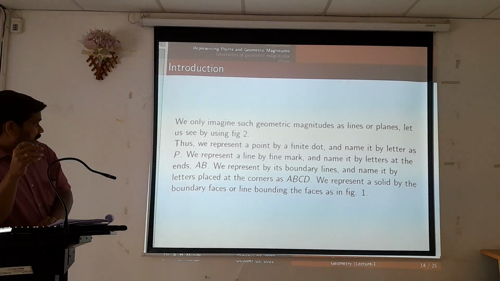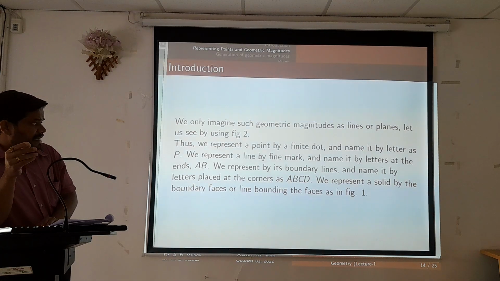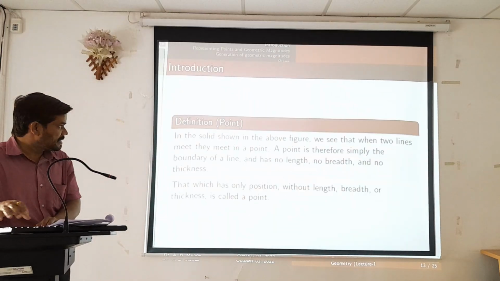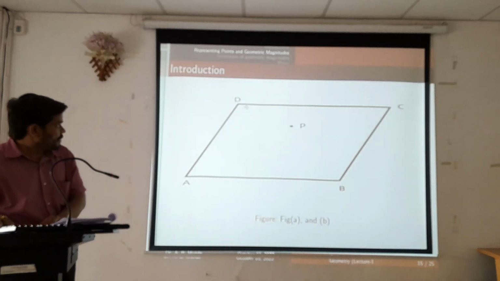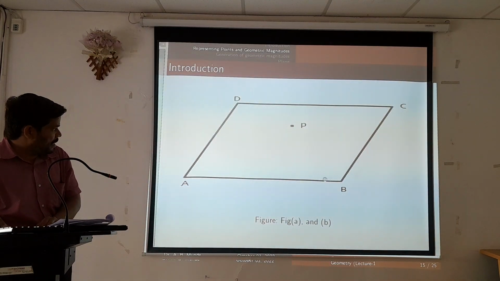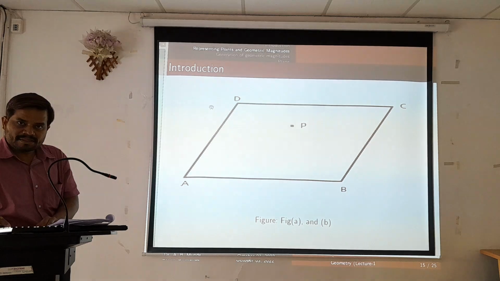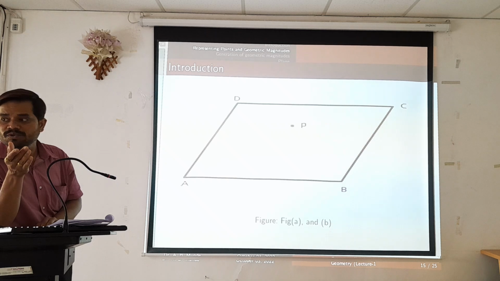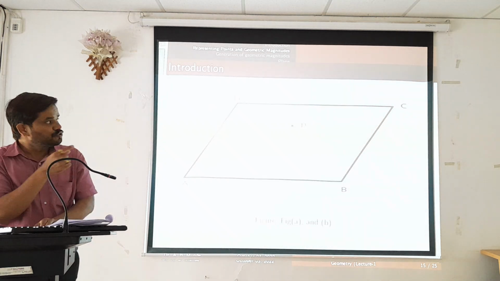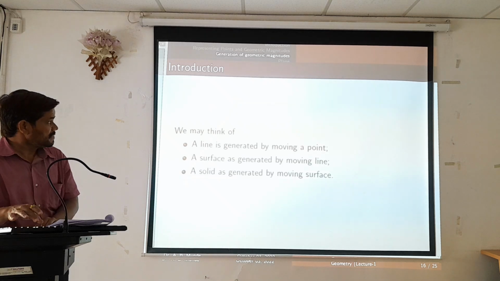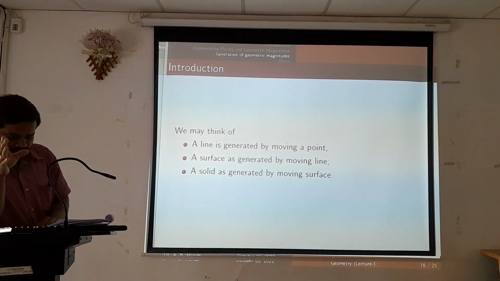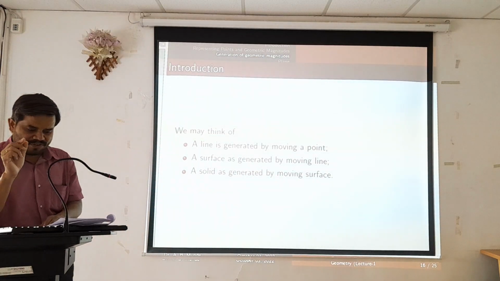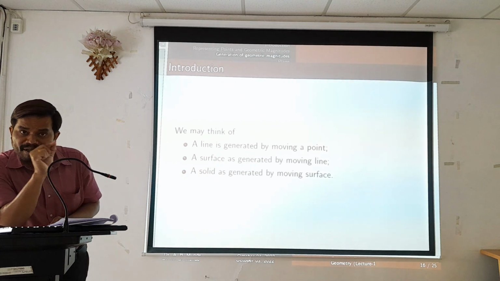Then we represent its boundary lines and name them by letters. Means all these lines, if they coincide, we get that these boundary lines are A, B, C, D. So these are the representations of points, geometric magnitudes and lines by using this figure. Now you can think about this. Keep in mind, a line is generated by moving a point.